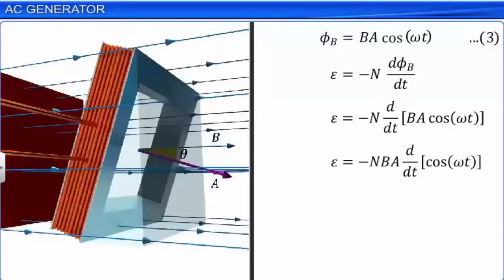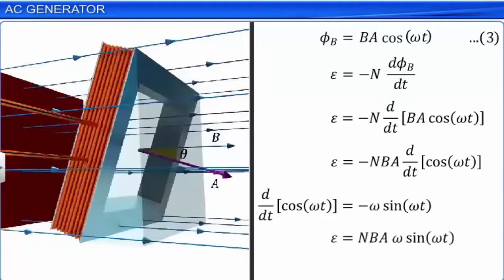From differential calculus, we have d by dt of cos omega t is equal to minus omega sin omega t. Hence, the instantaneous value of the EMF is E is equal to nBA omega sin omega t. Let this be equation 4.